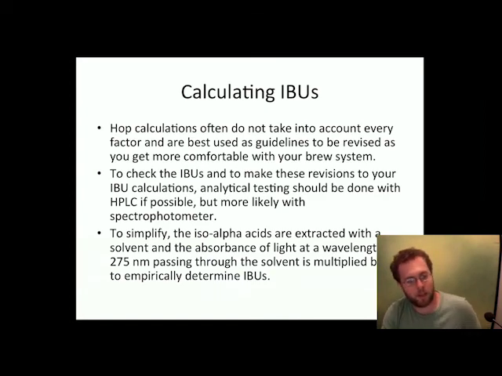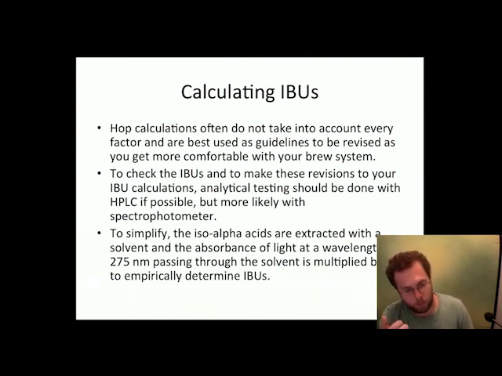To simplify this process, I'll just walk you through it real quick. For checking it, you can look at the ASBC website. If you have a membership, you can find a lot of their different methods for things. In the beer, you'll add 10 mils of the beer to 20 mils of solvent with 1 mil of some 3 molar acid, and you'll mix that up and centrifuge it down, and that'll extract the alpha acids into the solvent.